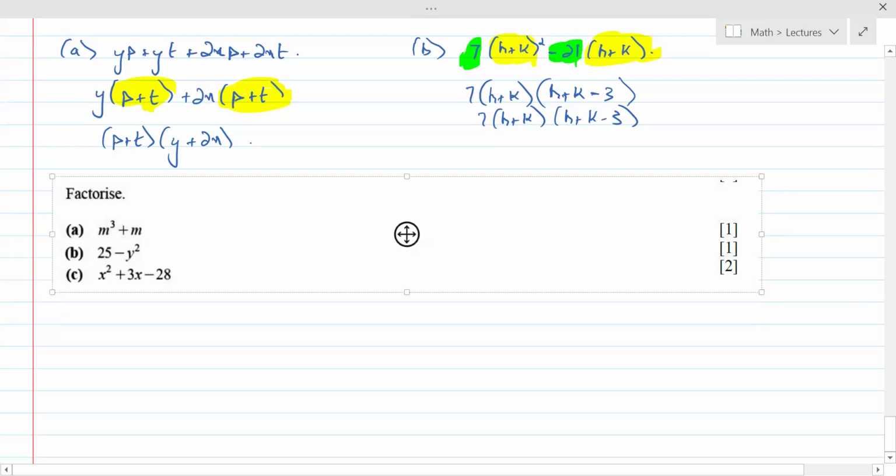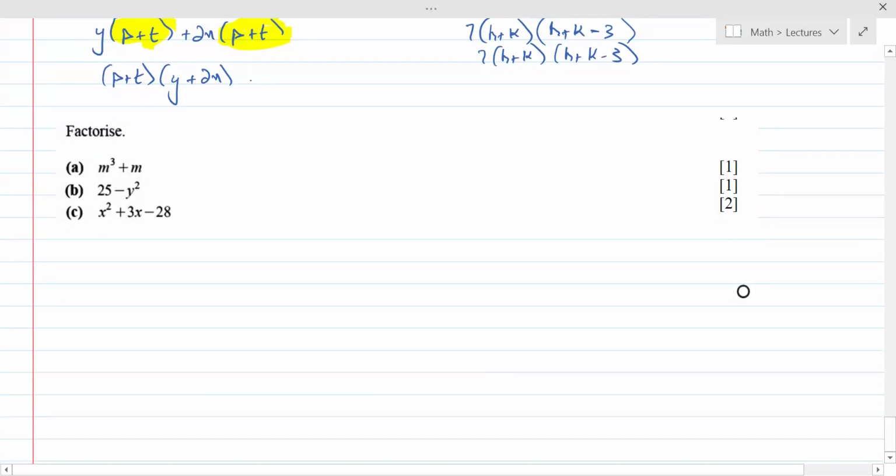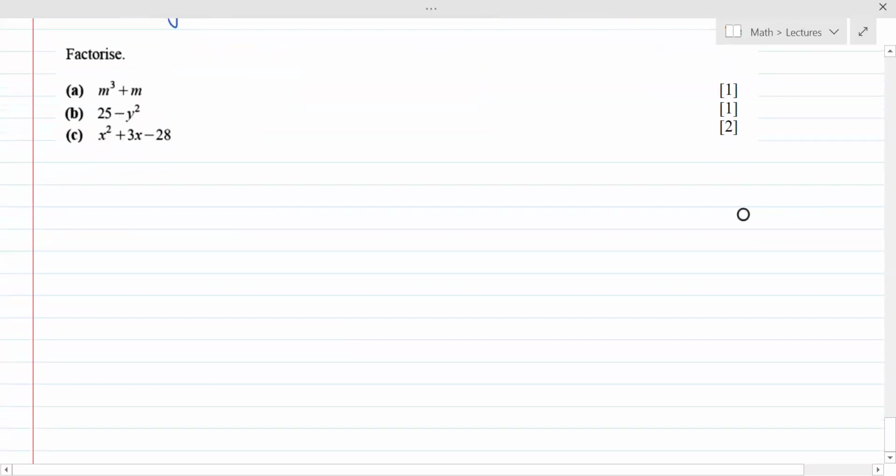Now this question has 3 different parts. For the first part, this is m cubed plus m. Now m cubed plus m, as I've said earlier, the correct order is you look for something taken common, you look for identity, you look for middle term, and last you look for grouping.